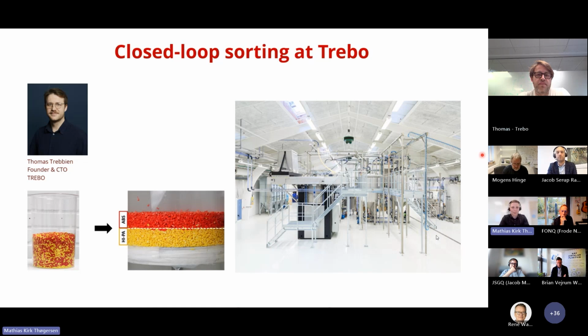And where do you think your technology will be most used in, let's say, 5 or 10 years? Do you think you go more into closed loop recycling or also open loop cases? I think we're going to also compete with the other technologies that are, for example, in PET recycling and other very, very large streams.